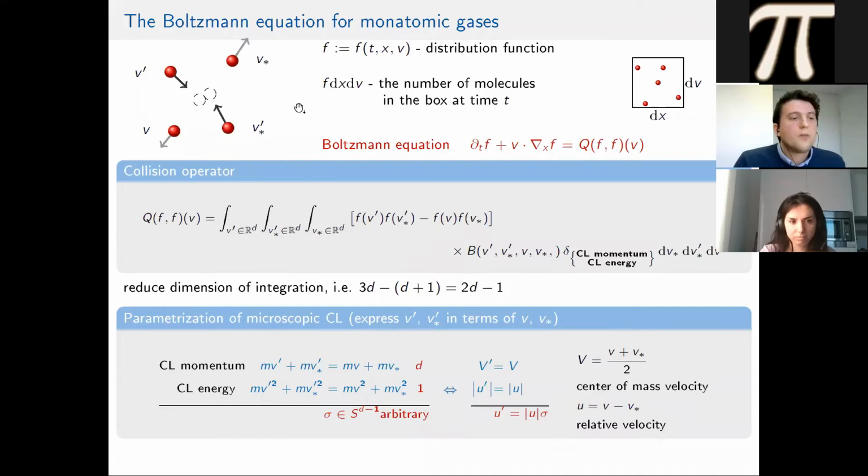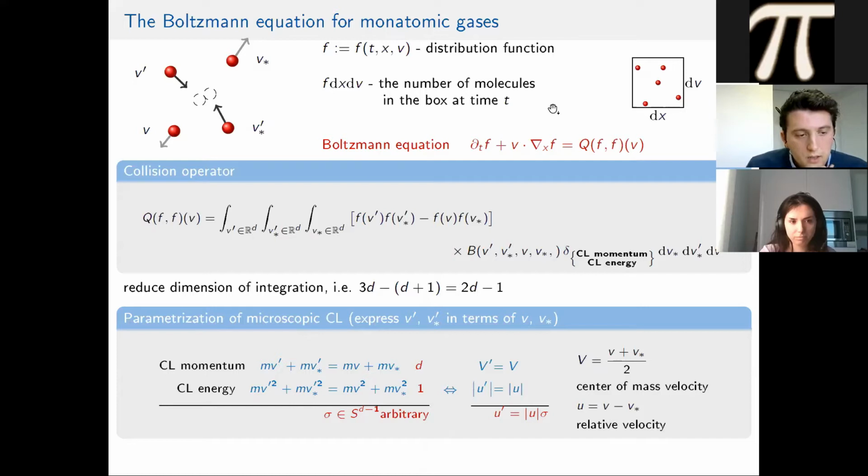So first, the main tool in kinetic theory is the distribution function, and this idea came from Boltzmann. Instead of tracking position and velocity of all particles, you introduce a distribution function f that depends on time, position, and velocity, such that f times dx dv represents the number of molecules in this differential box dx dv at time t.